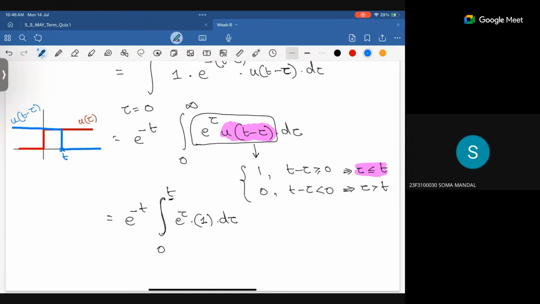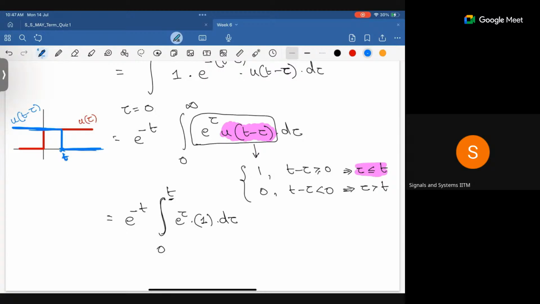Okay, now I understand. Here we have to consider t as a constant. So u of t minus tau will just be 1 only till t. Above t, this u of t minus tau is 0, so the integral of 0 will give me 0. So I don't have to integrate from t to infinity.